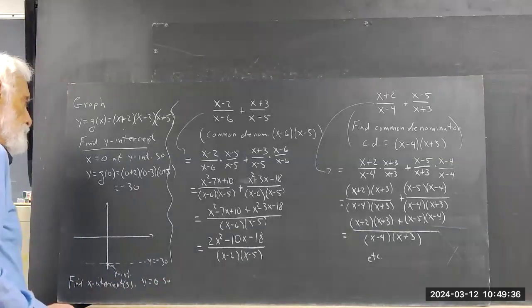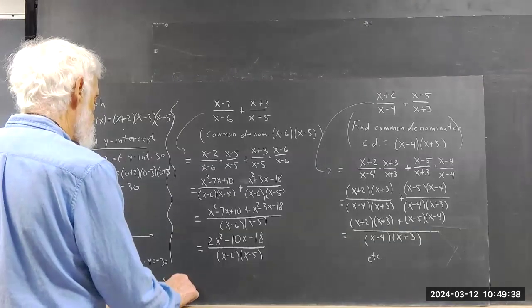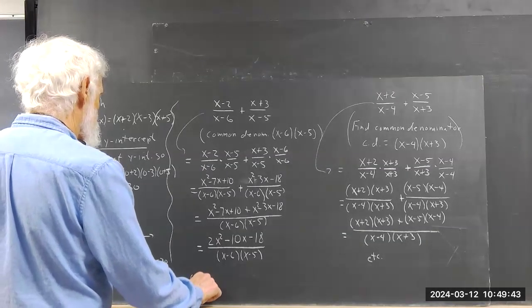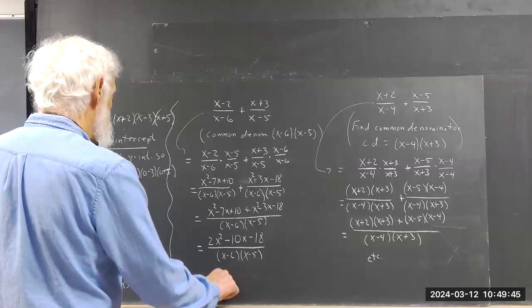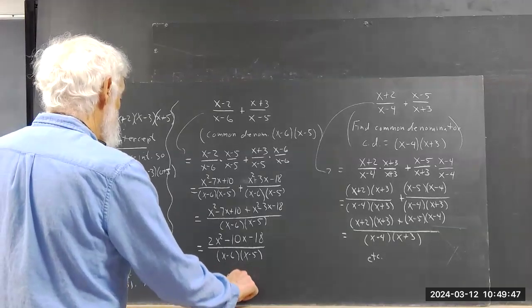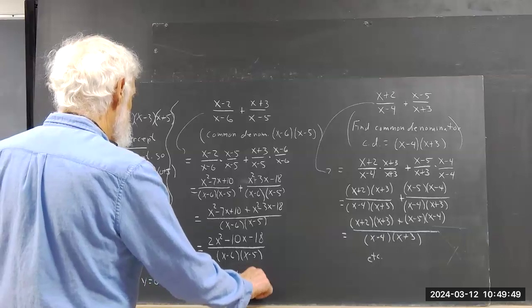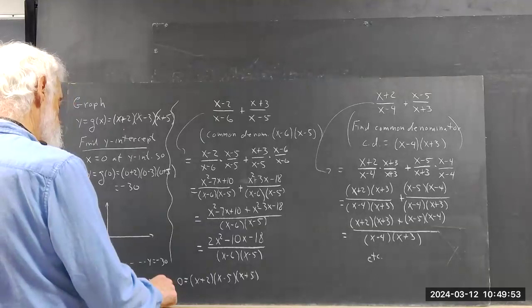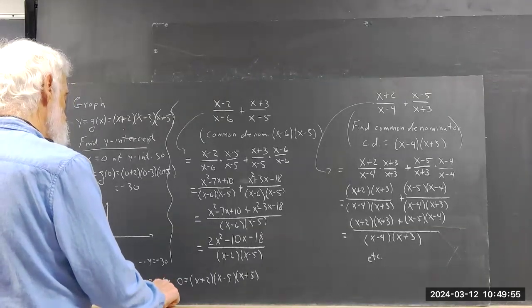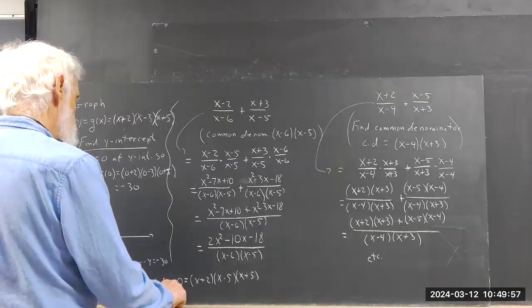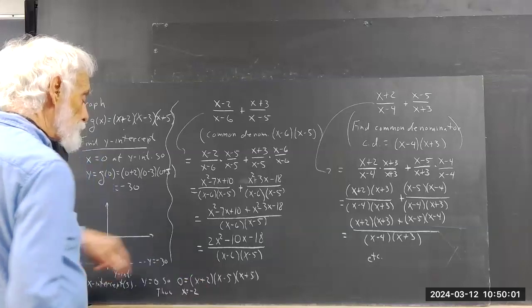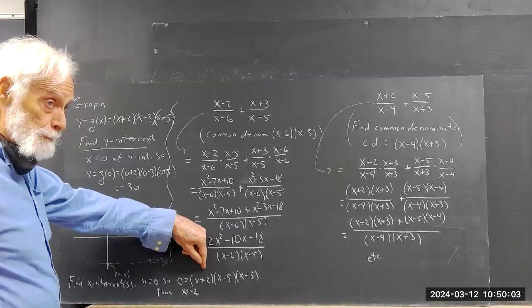y equals 0. So 0 equals x plus 2 times x minus 3 times x plus 5. Thus, x equals -2, because that makes x plus 2 zero.